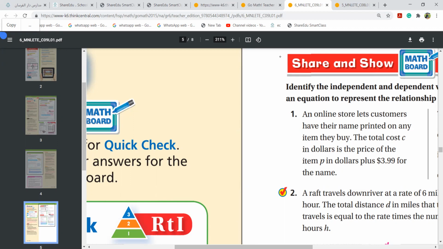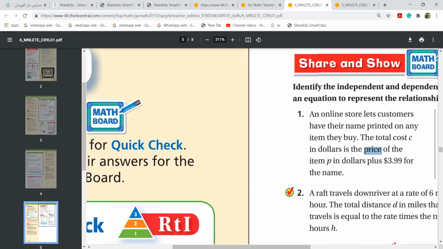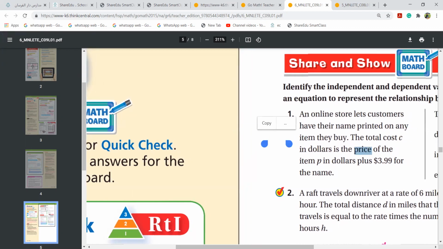So the item here is independent because you can buy any item. Now the total cost, C dollars, is the price of the item. Do you know the price of the item, girls? No, it could be any price because it could be any item. So the price may vary.